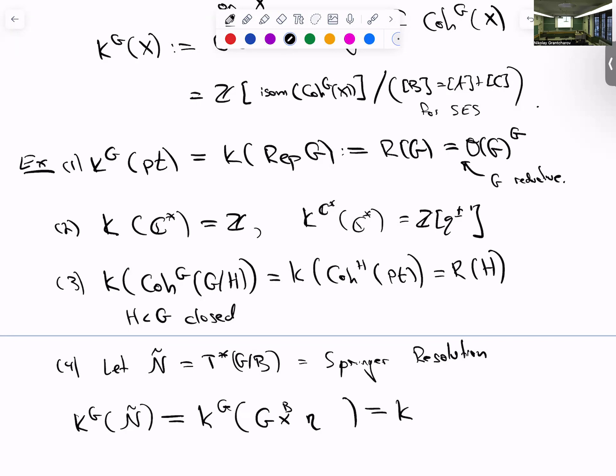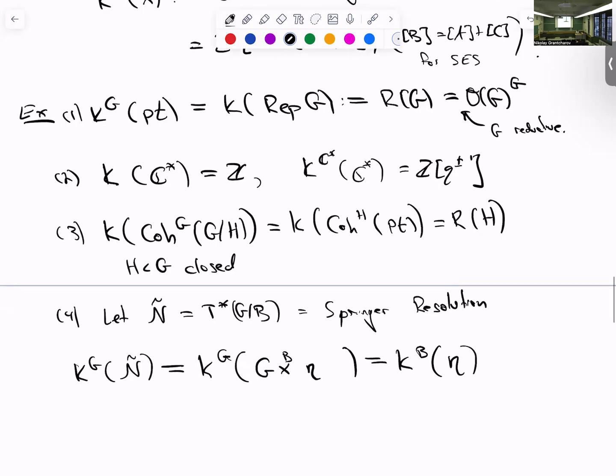So this will now be the K theory of the fiber N mod B. But the K theory for any affine space is the same as for a point.